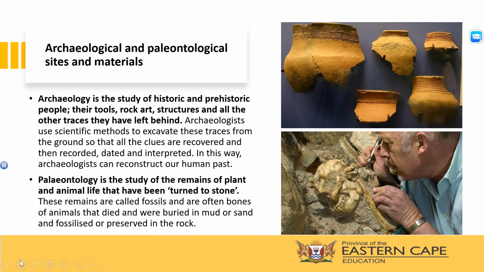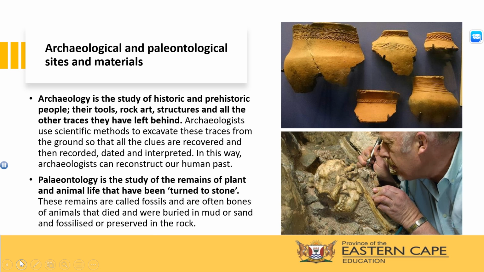The second term that we have here is paleontology, the study of remains of plant and animal life that have been, as it were, turned to stone. These remains are called fossils, and these fossils are often bones of animals that died and were buried in mud or sand and thereafter fossilized.